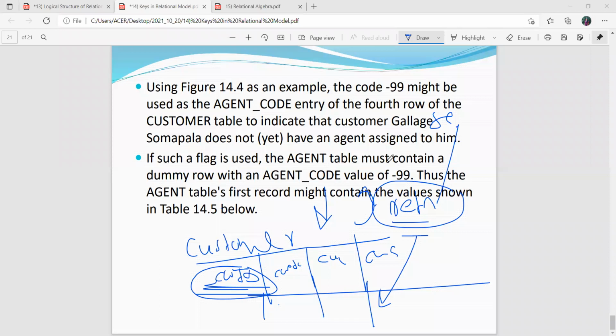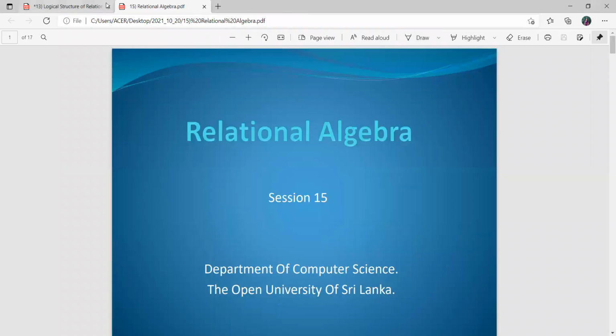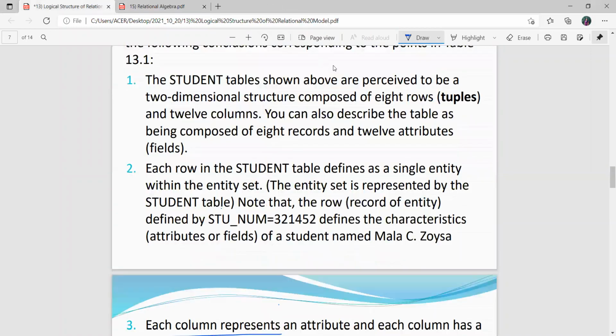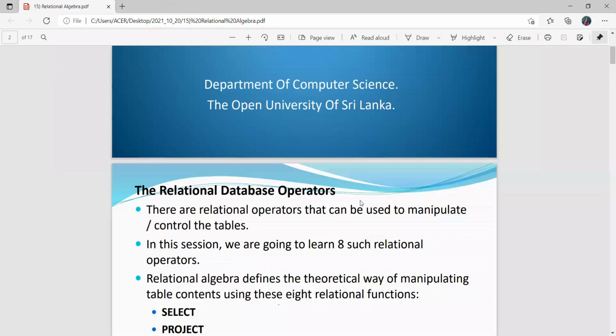Okay, then let's move on to our next topic. It is about relational algebra. Still we are in the relational database mode. Okay, relational algebra. In our previous lesson, I told that database operations, that means arithmetic operations, are done on the databases.